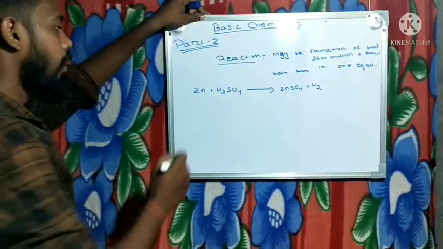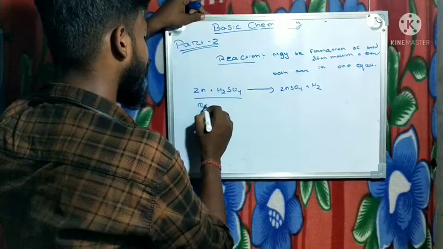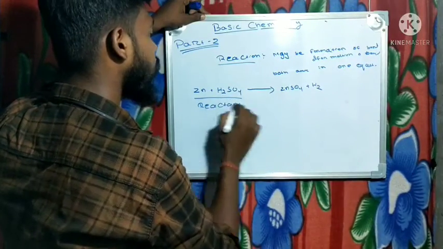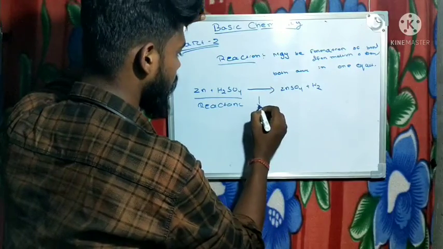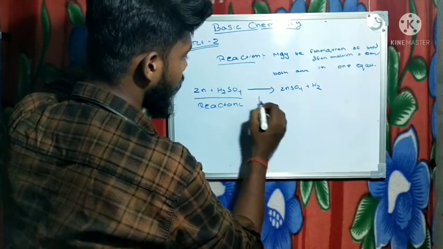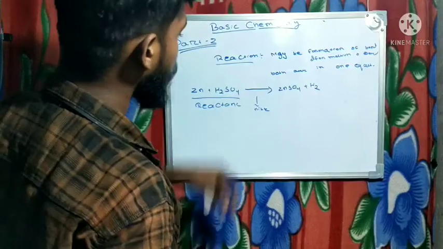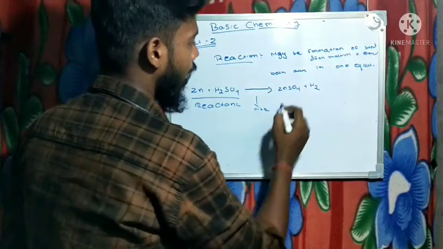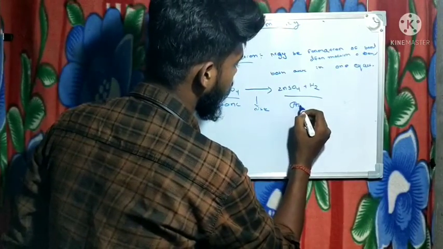This is our reactant side. Reactants mean these two are mixed to form that one, and this arrow is the direction. If we add these two, we find this one, and this is our product side.